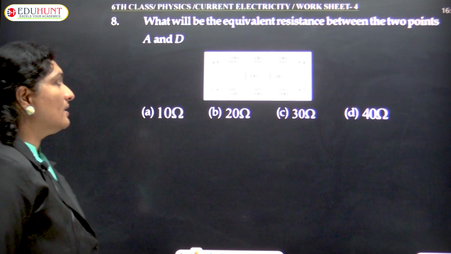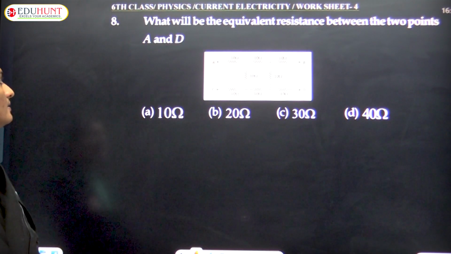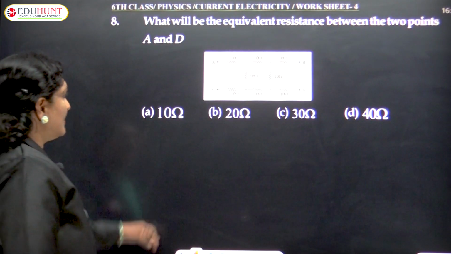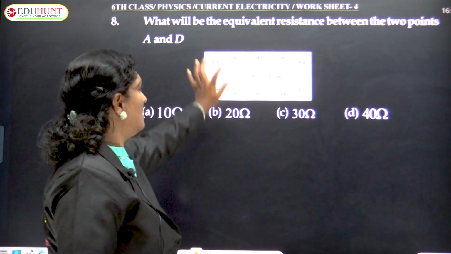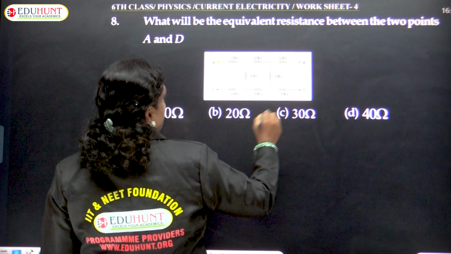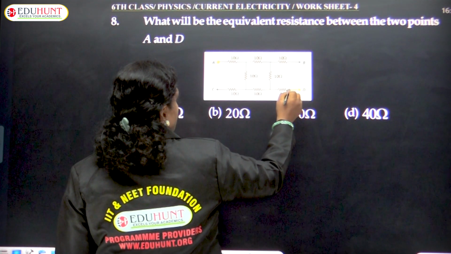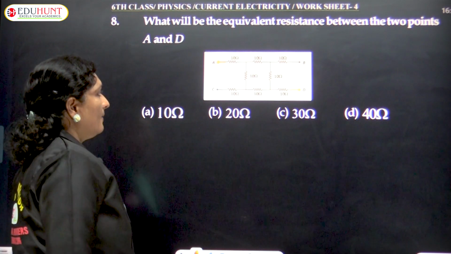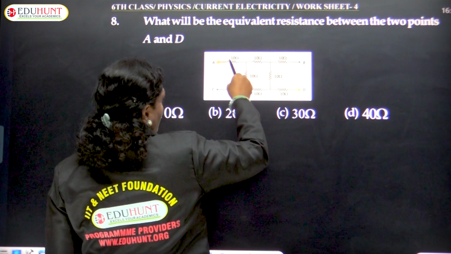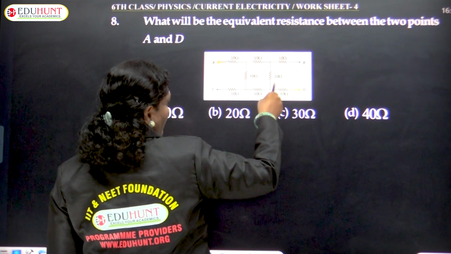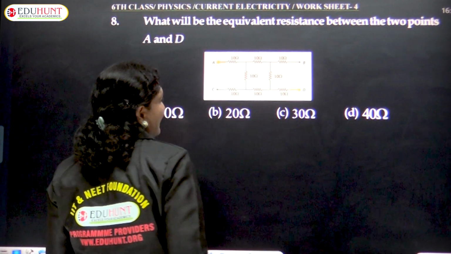What will be the equivalent resistance between the 2 points A and D? So, where is A? This is your A to be fixed. One more is D, here it should be fixed. These two terminals are fixed. Okay. So, further from A 10 ohms, splitting here, again 10 ohms and splitting here C and something like this.